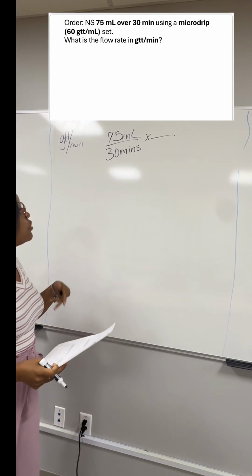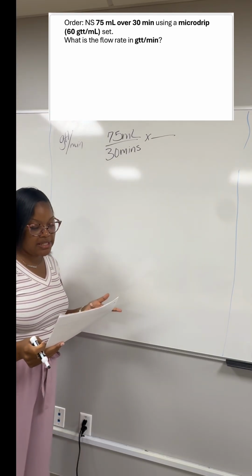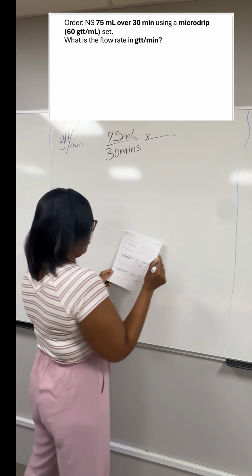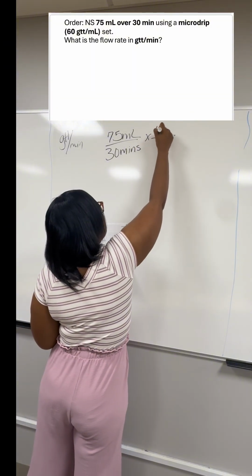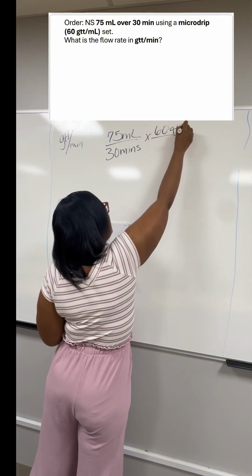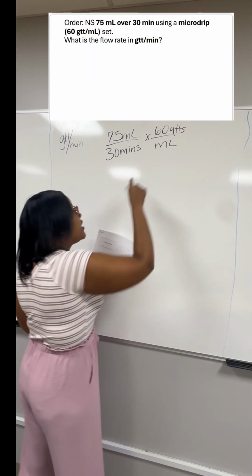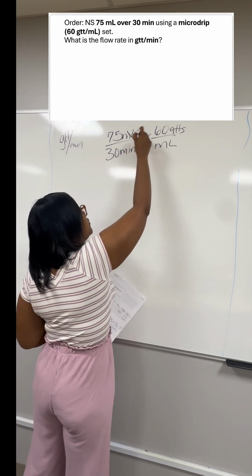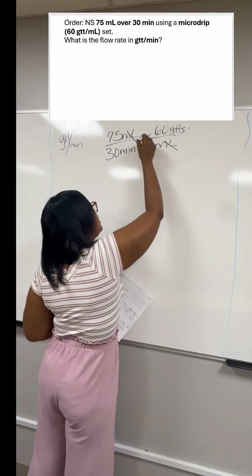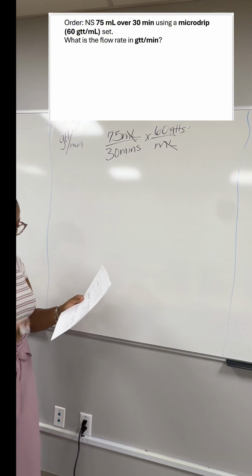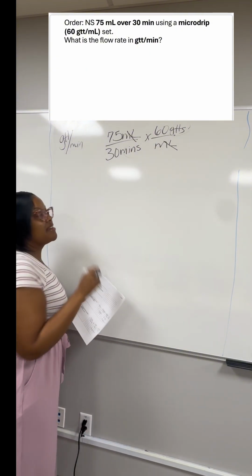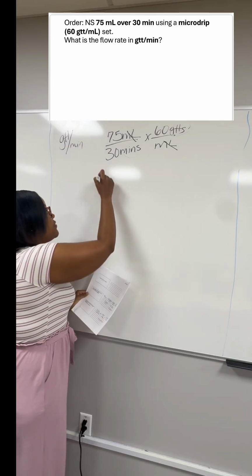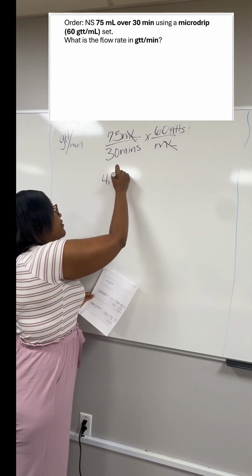So we're almost halfway there. Then we're going to use the GTTs that's in the problem. We have 60 GTTs per mL. We know that mL needs to be on the bottom in order for it to cancel out. So mLs cancel out, and we're left with GTTs per minute. So we are where we need to be. We're going to multiply 75 times 60, and that's going to give us 4,500.